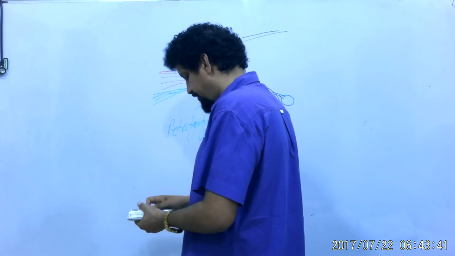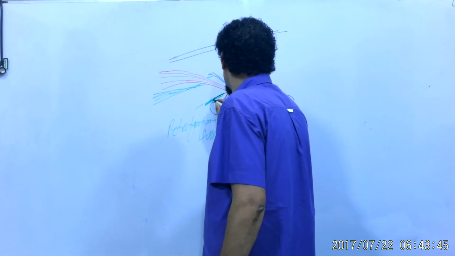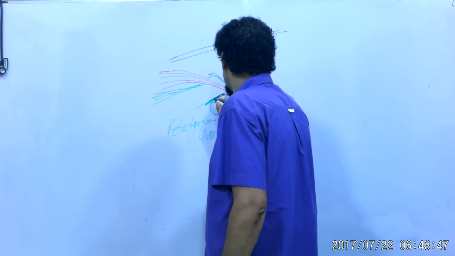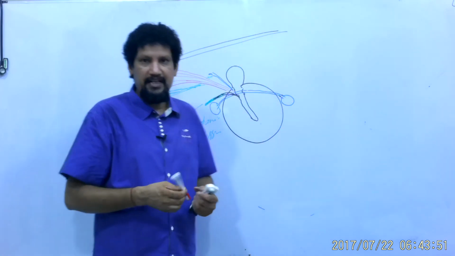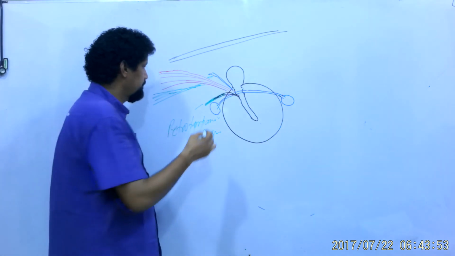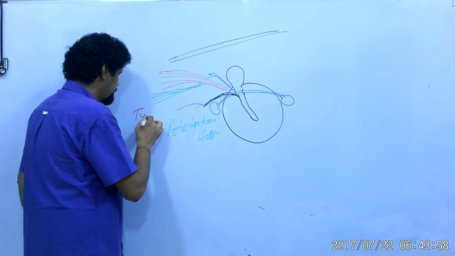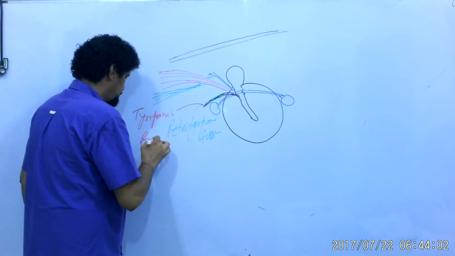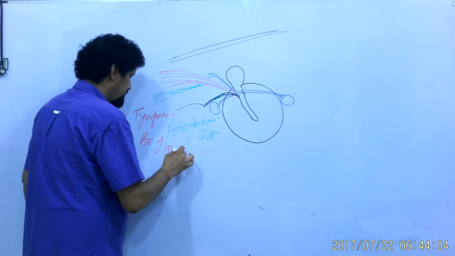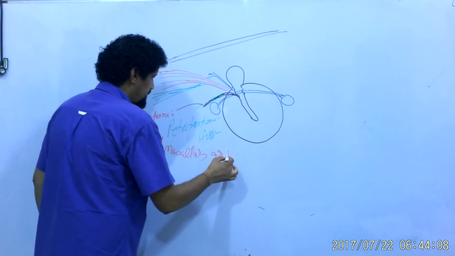This fissure will accommodate the anterior ligament of the malleus and also accommodate the tympanic branch of the maxillary artery.